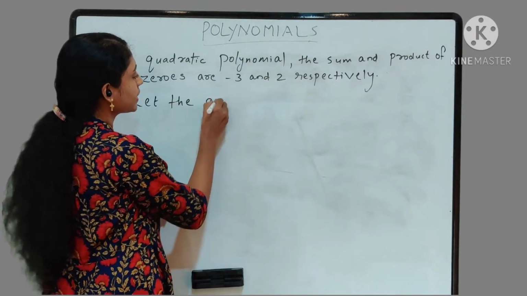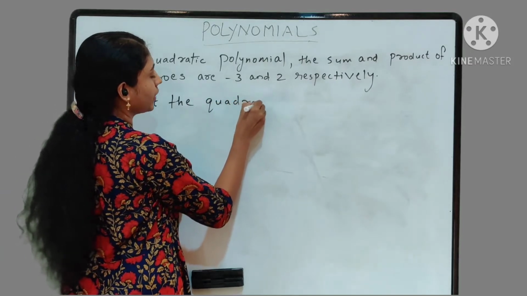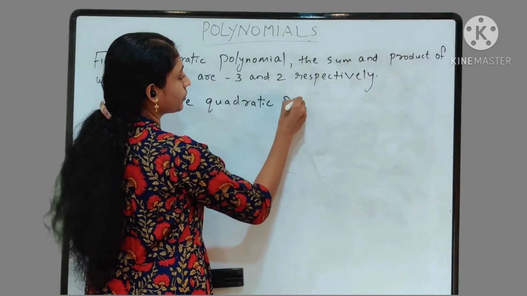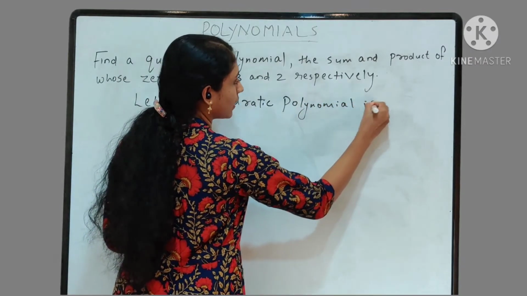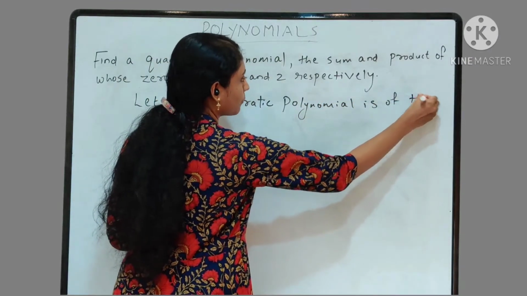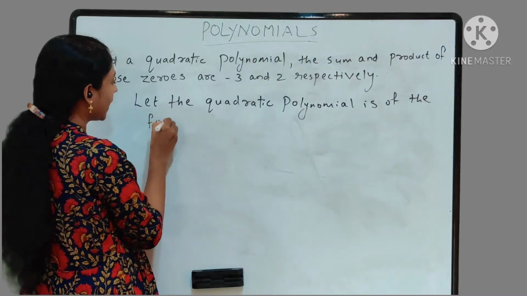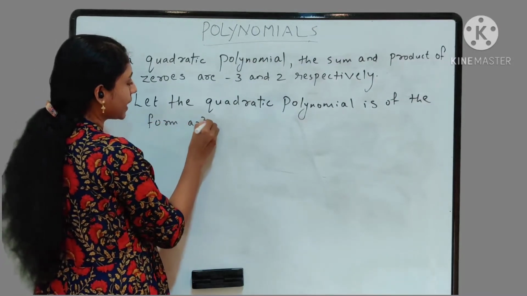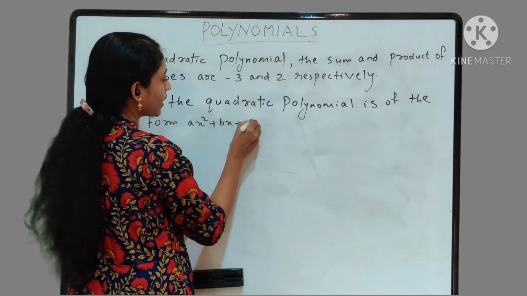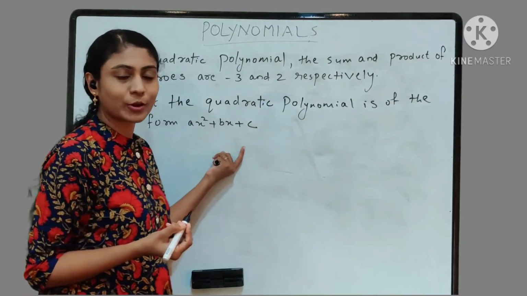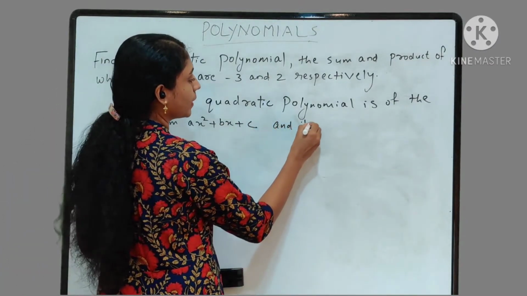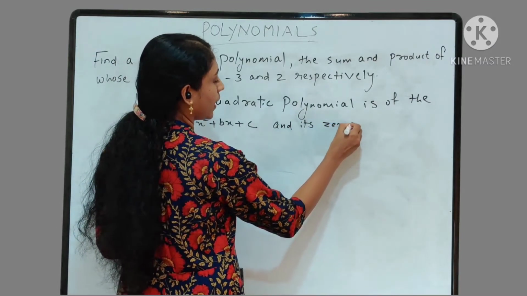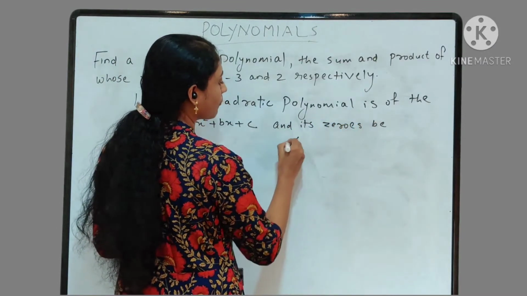So let the quadratic polynomial be of the form ax square plus bx plus c. We already studied that a quadratic polynomial is of the form ax square plus bx plus c, and let its zeros be alpha and beta.